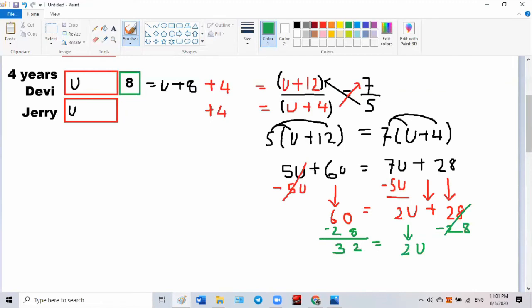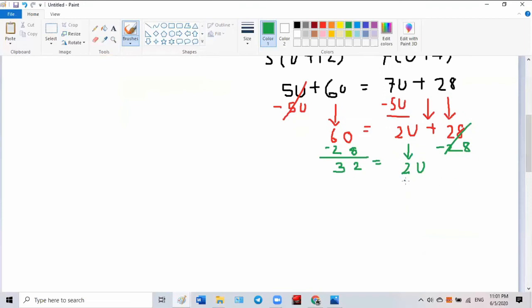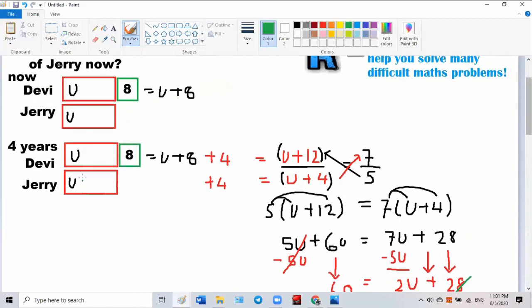If 2 units is 32, 1 unit will be 16, that is 32 divided by 2. So now you have 1 unit is 16. I'll just put it back here. There you go, so a unit is here.